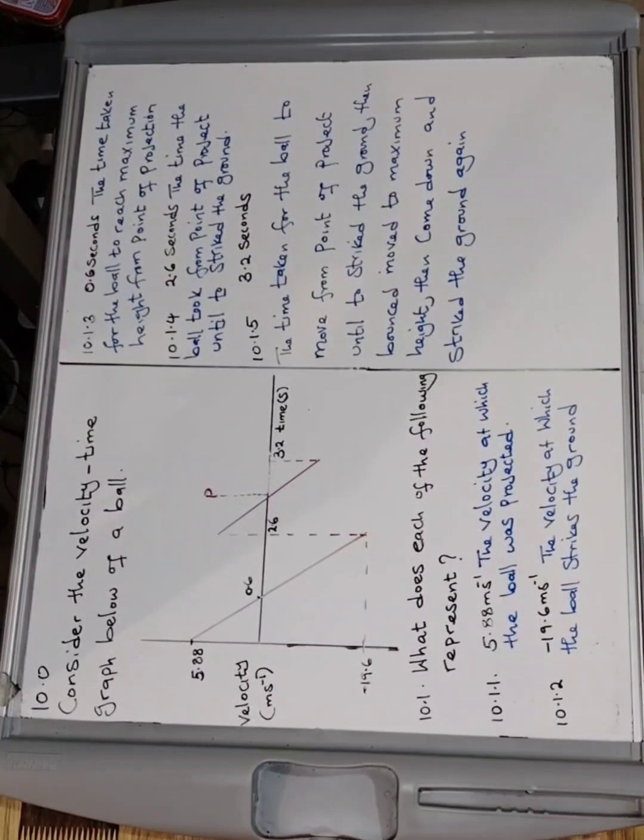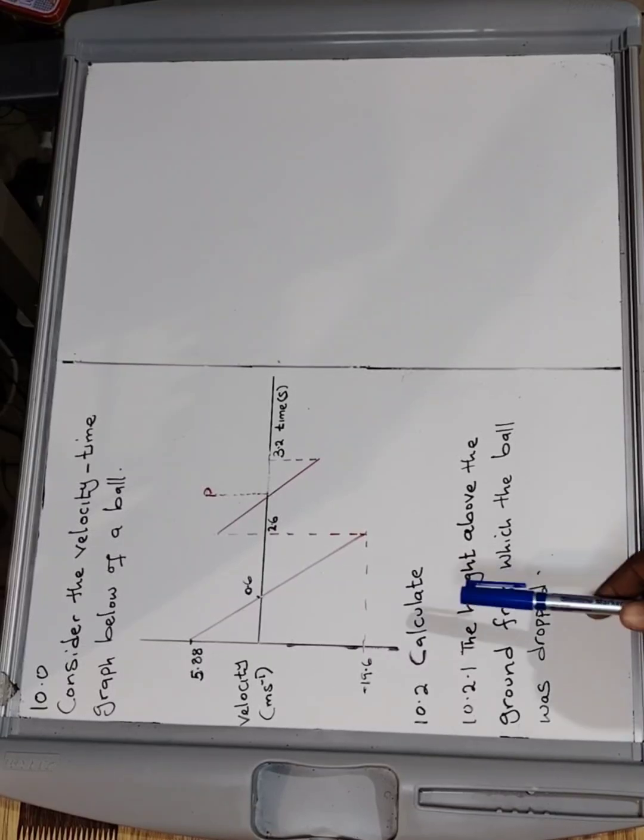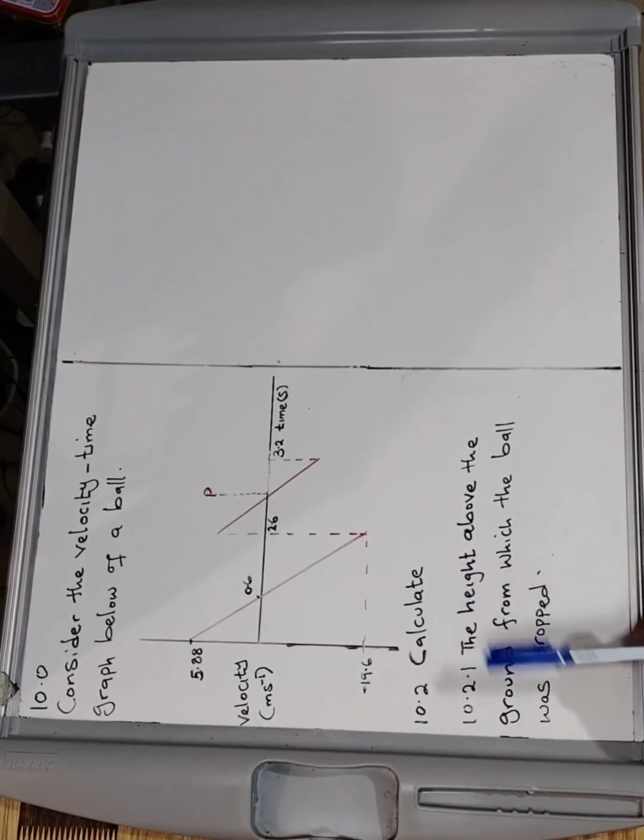So let's look at the next question. Yeah, then comes the question 10.2. It says calculate the height above the ground from which the ball was dropped.